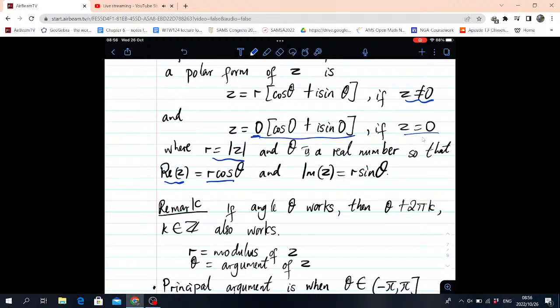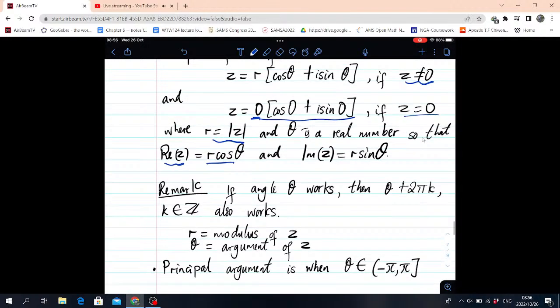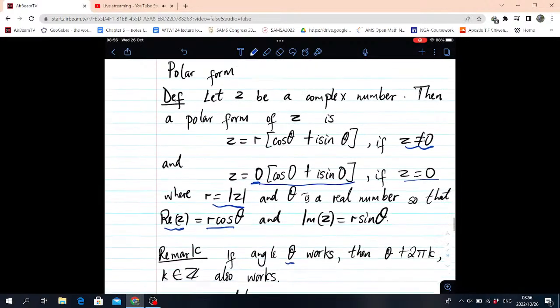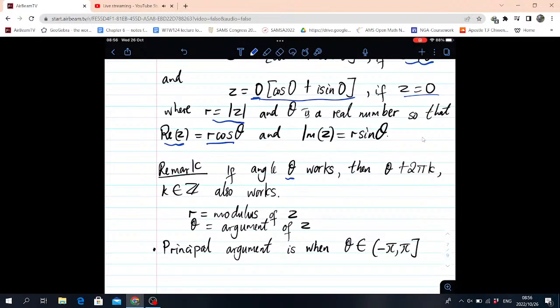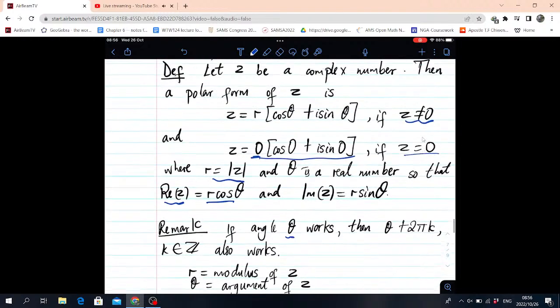So what we need to note is, in this case, if theta works, here it doesn't really specify the range of theta. In the definition here, you can see that theta can be anything.